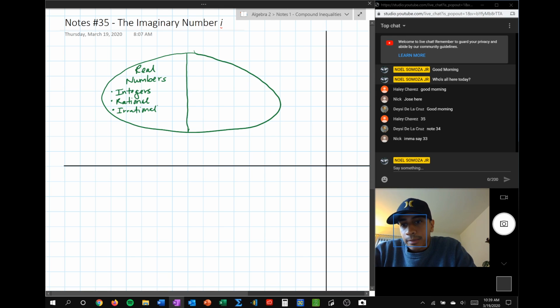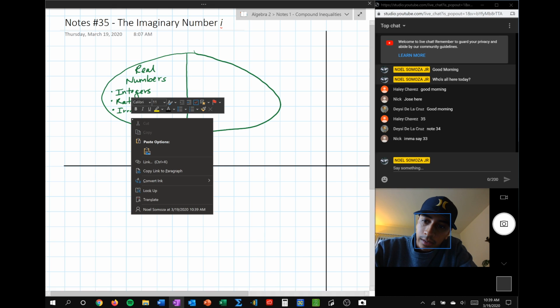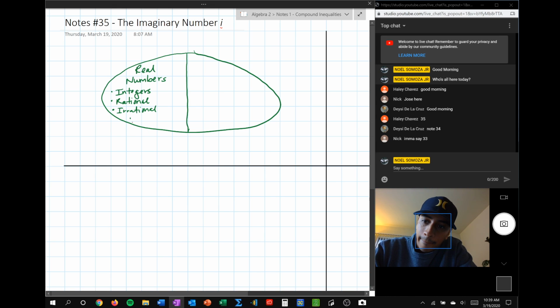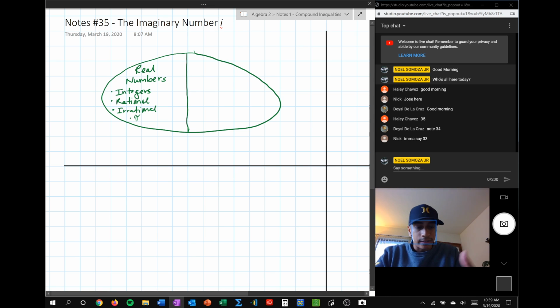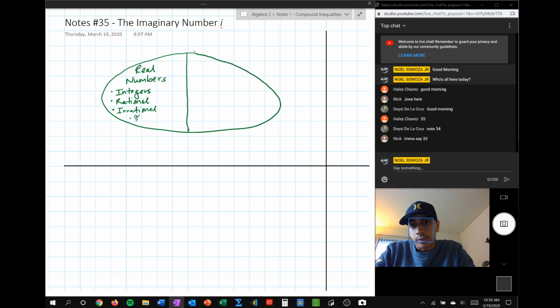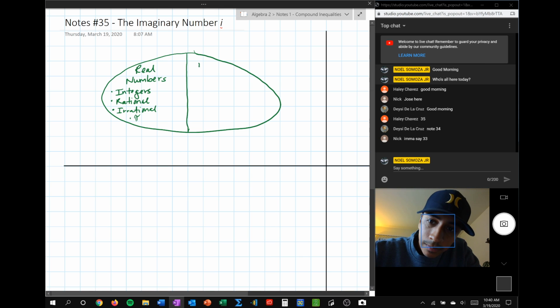For example, numbers such as pi, things like that. Anything else you can write out as a decimal or fraction, those are your real numbers. And then the other side of the bubble is something called the complex numbers.